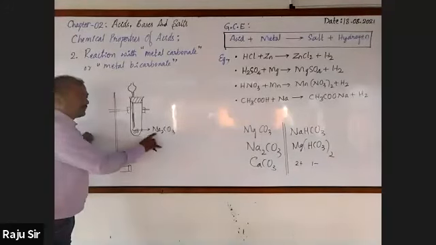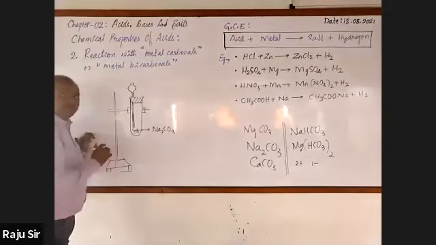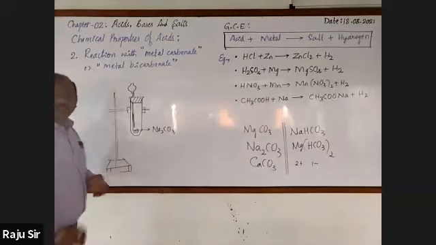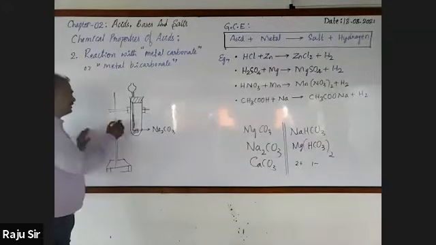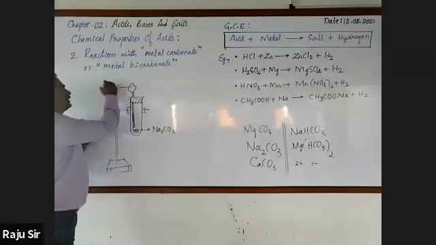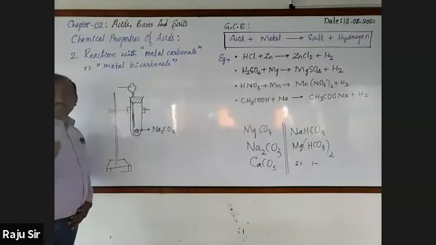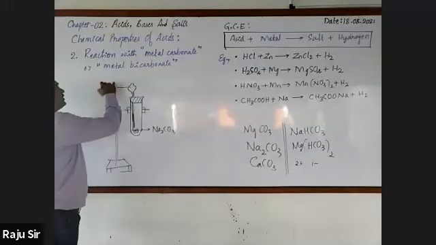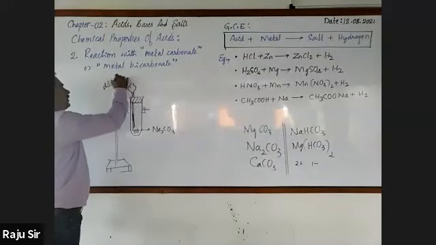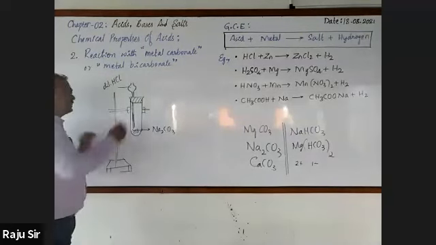Sodium carbonate is taken in the test tube. Now let us add any one acid, dilute hydrochloric acid; carbonic acid and many others are possible. I'll take dilute hydrochloric acid. It is added.